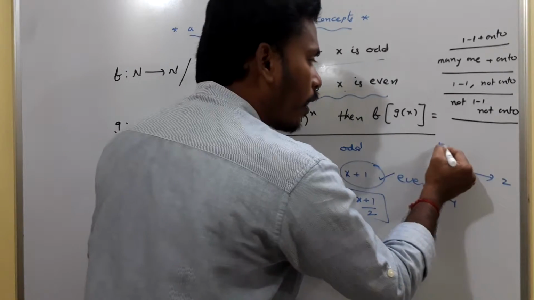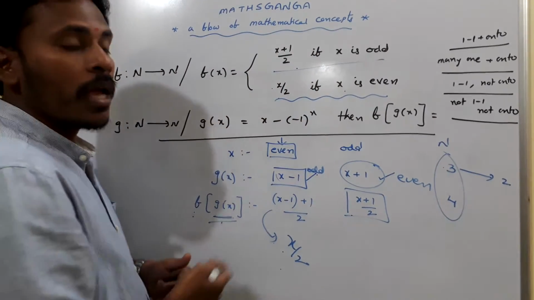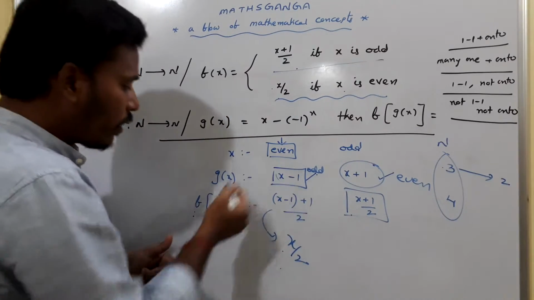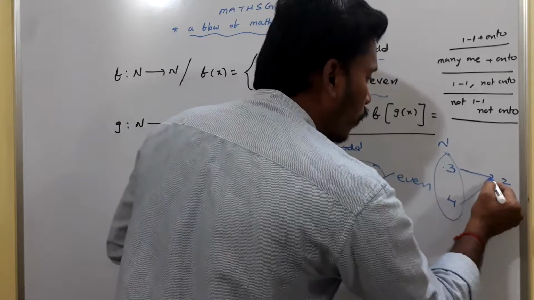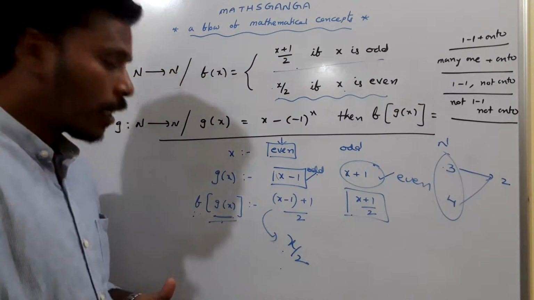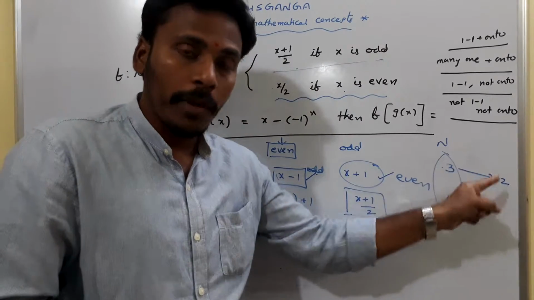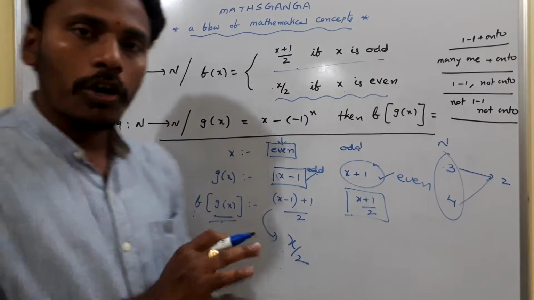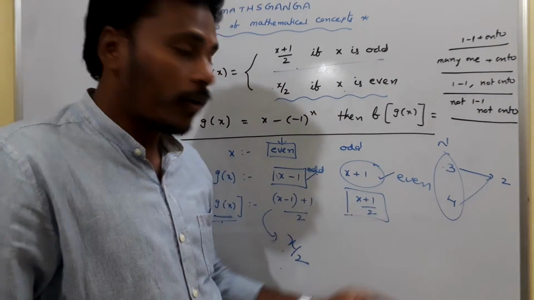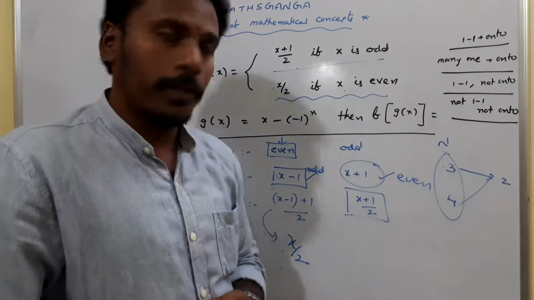And if 4 is the number in the domain and 4 is even, with this definition, f of g of x maps to 4 by 2. That means again it is mapping to 2. That means 3 and 4 both have the same image in the codomain. That represents that f of g of x is not one-one and f of g of x is many-one.